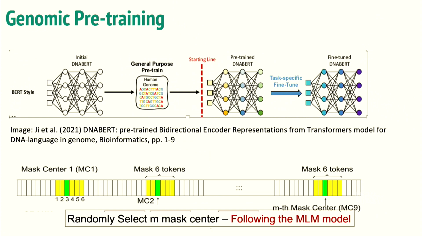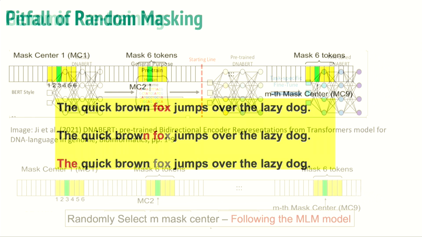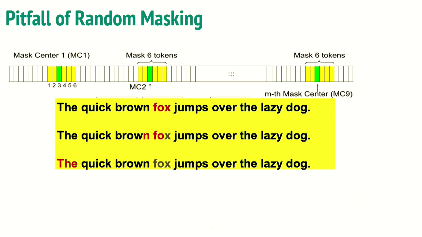So if you randomly mask some genes or tokens, how will that translate into the original masked language model? Let us think this. Okay, so we have the sentence: fox jumps over the lazy dog. Now what will we mask? If we randomly mask, we'll mask N and FO.